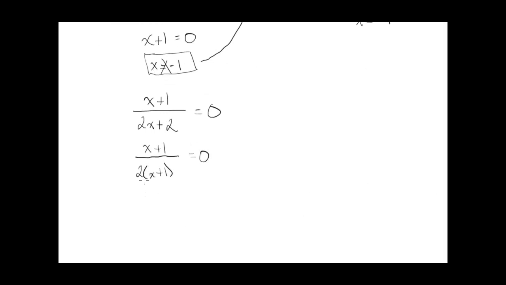If I factor the denominator, I'm going to have 1/2 equals 0, which is never true. What does that mean? That means this equation that I came up with has no solutions.